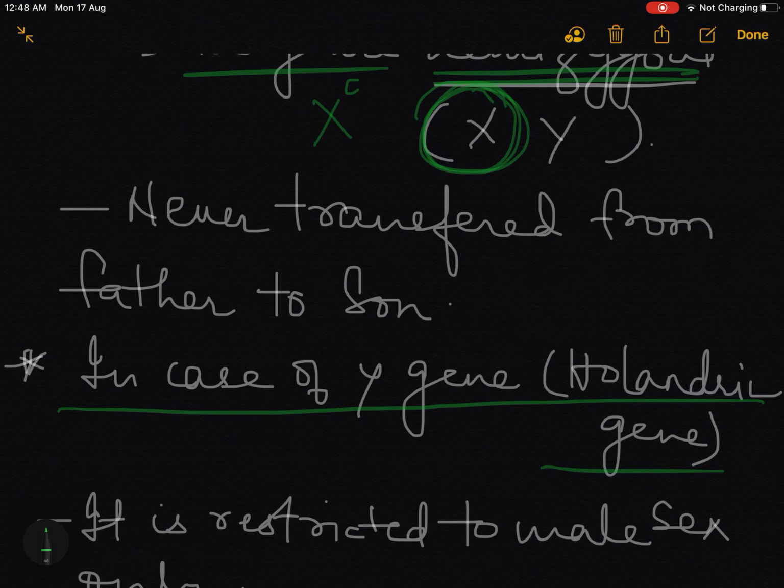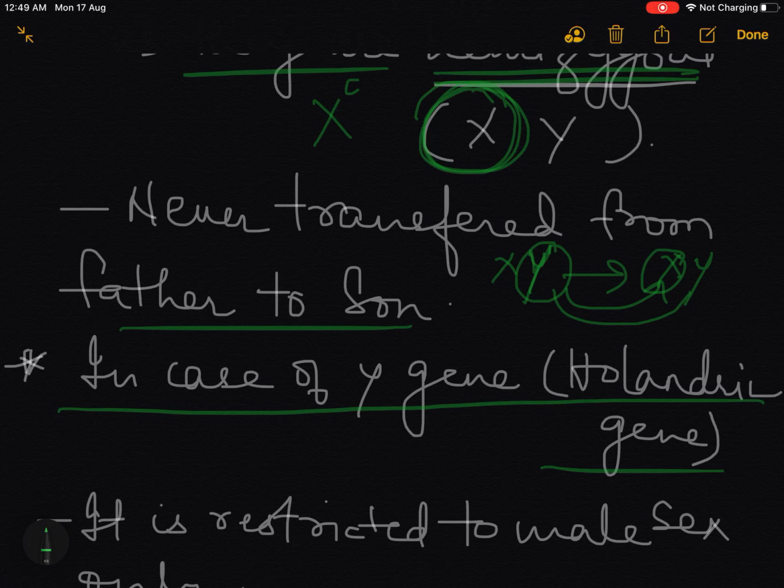A father will never transfer the disease to the son, because the father is giving the Y chromosome to the son. This X has been given by the mother. The father has given only the Y chromosome to the son, and Y does not carry any gene. So the father will never transfer the defect to the son.